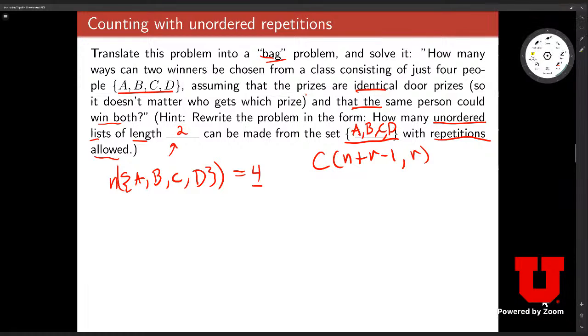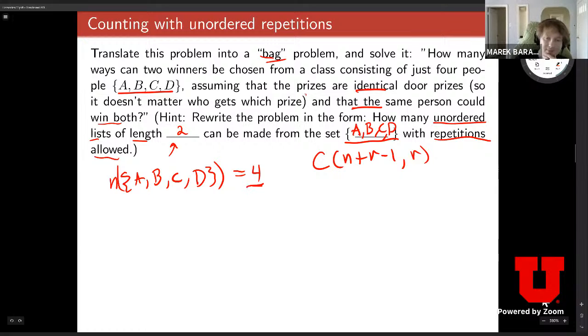Okay, I'm thinking the N is 4 and the R is 2. Correct, yeah. So that gives us choose 4, because N is 4, plus 2 minus 1, and from that we're selecting 2. And that's equal to choose 5, 2.